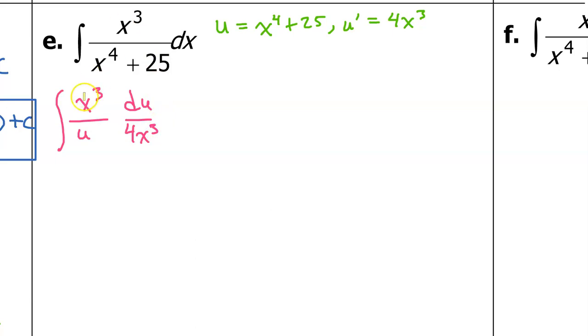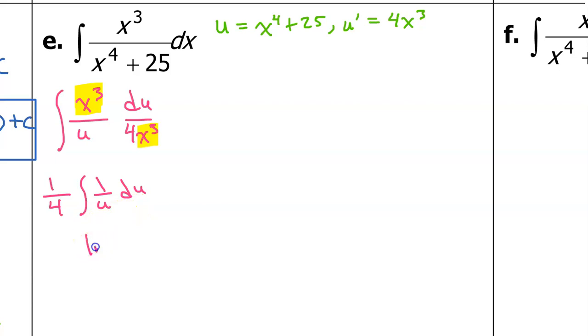Then we notice that we have x to the 3rd power in the numerator and the denominator, so those will cancel each other out. The 4 in the denominator can be brought out in the front as a 1/4, leaving behind the integral of 1 over u du. But this integral is a memorized rule.